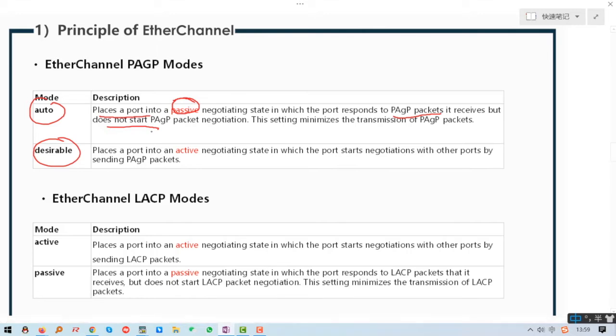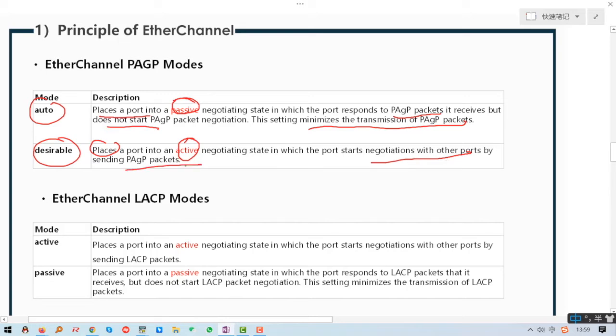This setting minimizes the transmission of PAGP packets. And the desirable mode means placing a port into an active negotiating state, in which the port starts negotiations with the other port by sending PAGP packets.